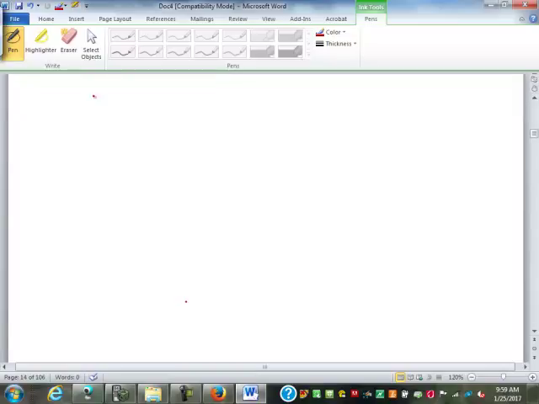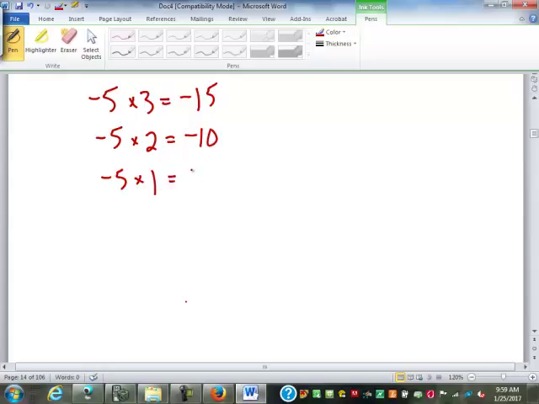So we had negative 5 times 3, which is a negative 15. So let's keep the negative 5, and we're going to change the 3. We're going to make it a 2. What's negative 5 times 2? Negative 10. If I did negative 5 times 1, we would get negative 5. So let's see if we can develop a pattern here. For each of these, we started with negative 5.